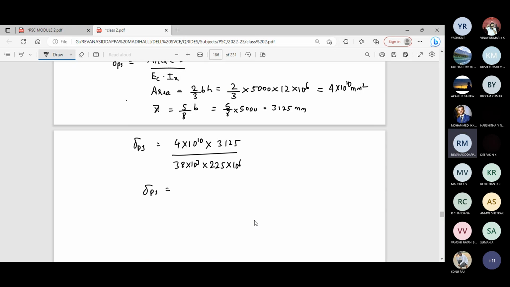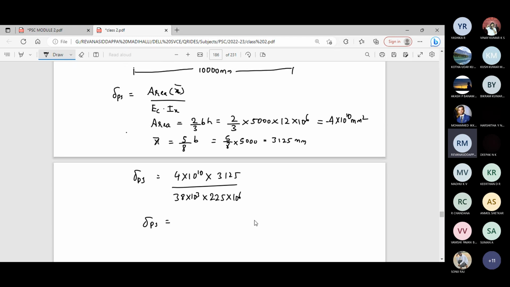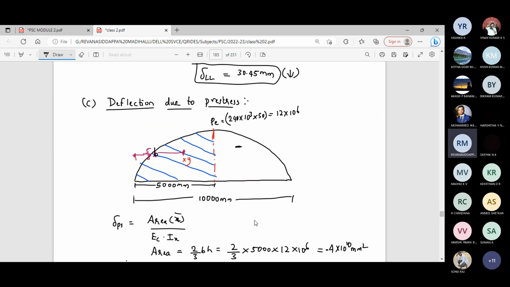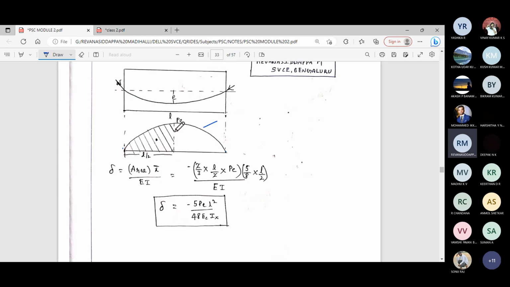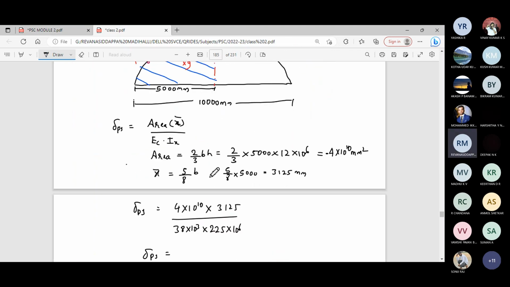and one more important thing here, negative sign for the area, negative sign for the BMD. Because the pre-stress cable is below the neutral axis, it will cause hogging bending moment. Therefore, the sign is negative here. So for area, you take negative sign.